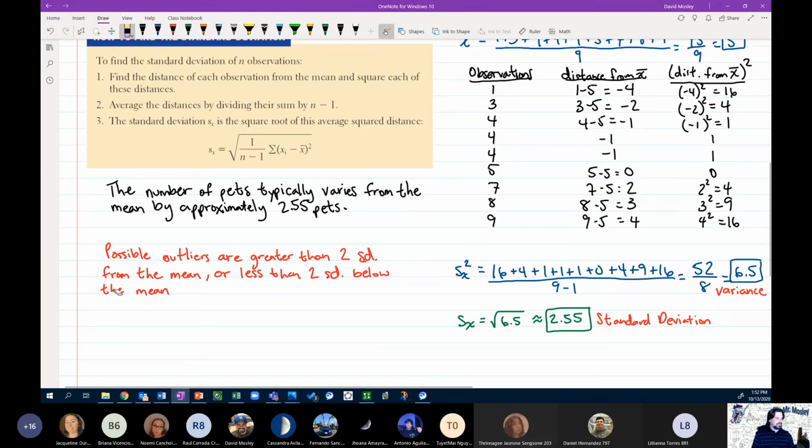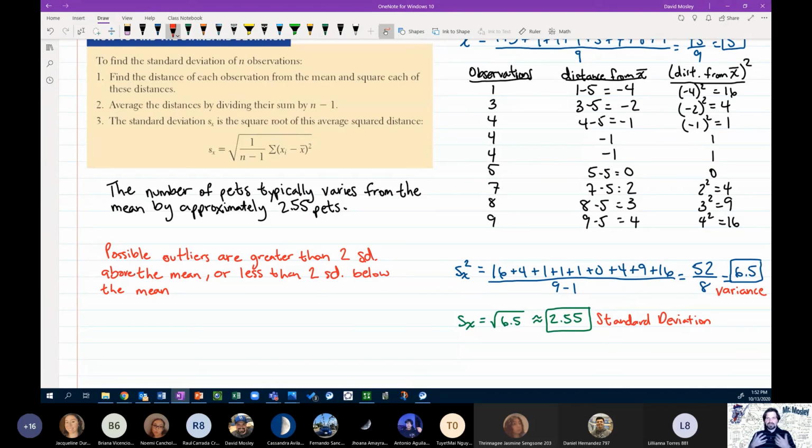Yeah, I need to change that word. Right. Possible outliers are greater than 2 standard deviations above the mean, to the right of the mean, or less than 2 standard deviations below the mean.